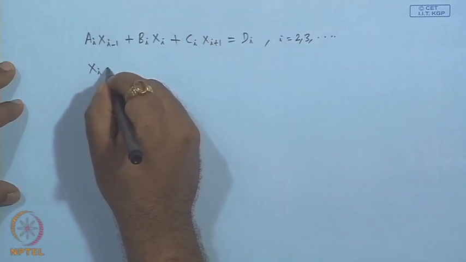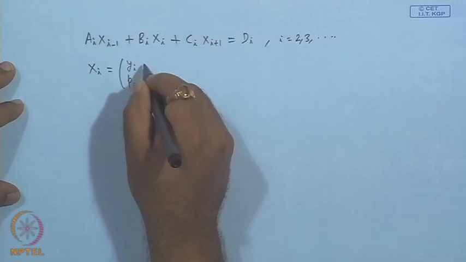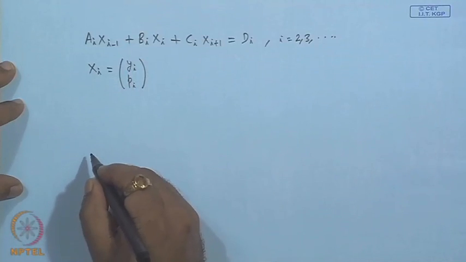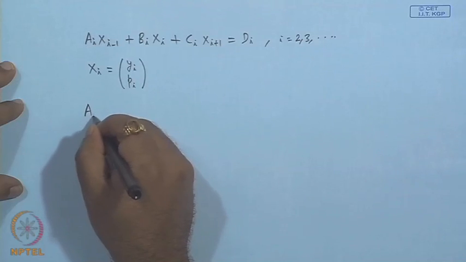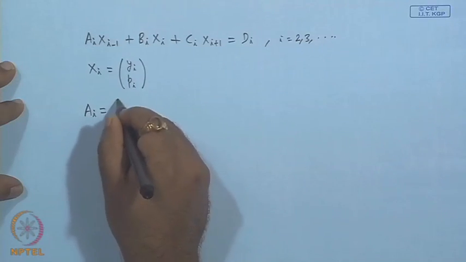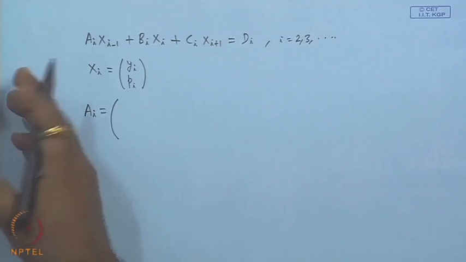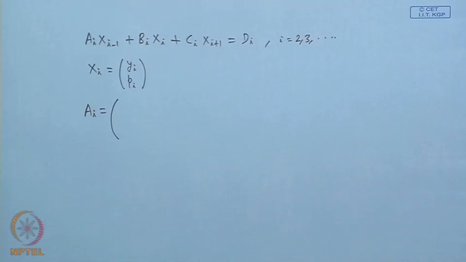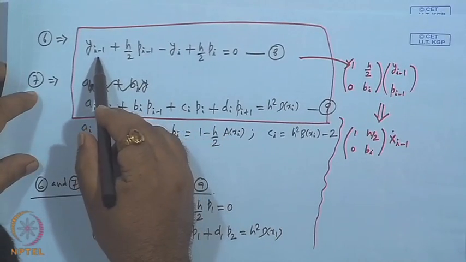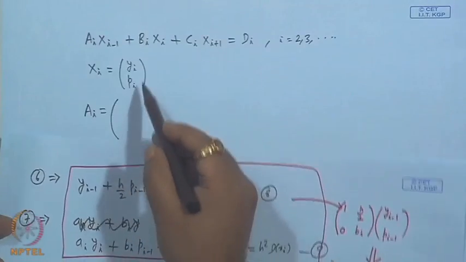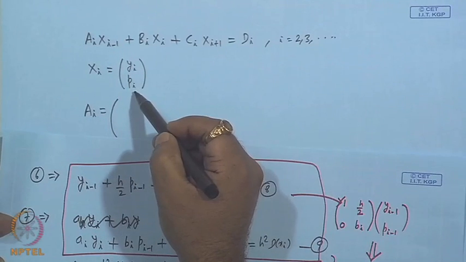X I, then we should be able to write down the matrix A. So, again I go back, x I minus 1, which means y I minus 1, p I minus 1.